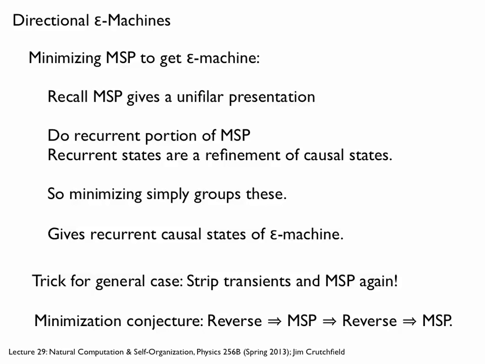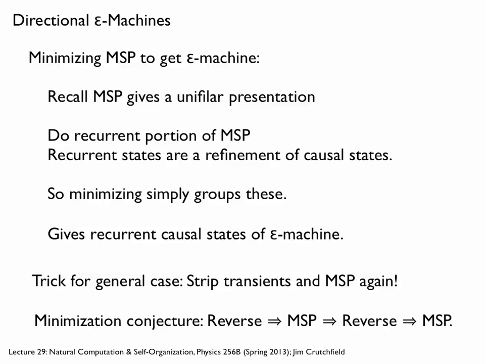Then simply group states together in terms of probabilistic equivalence, which minimizes them, and you'll get the causal states. So that's the end of the process. Calculate out your mixed states. The set of states might be too big. You may have lots of transient states. Dump the transient states, and then minimize the recurrent states using essentially the predictive equivalence relation. You merge states when they lead to the same distribution of futures.